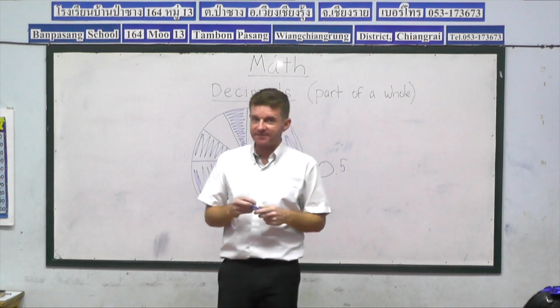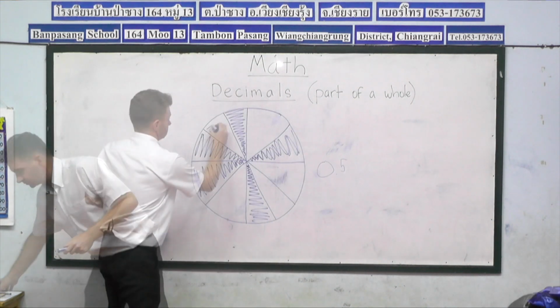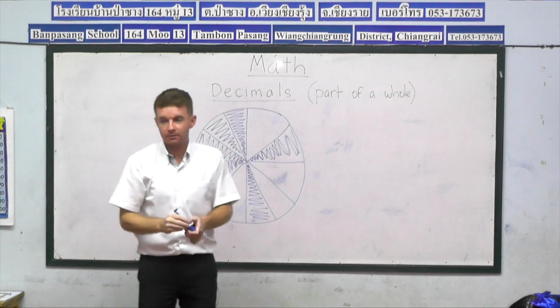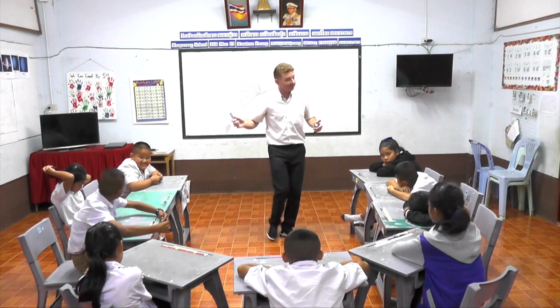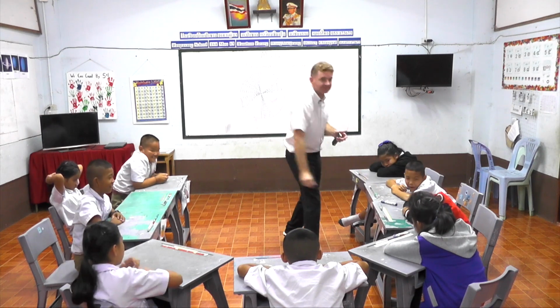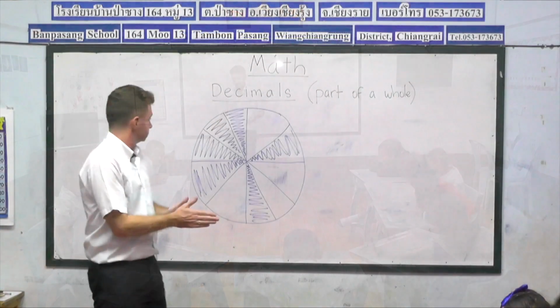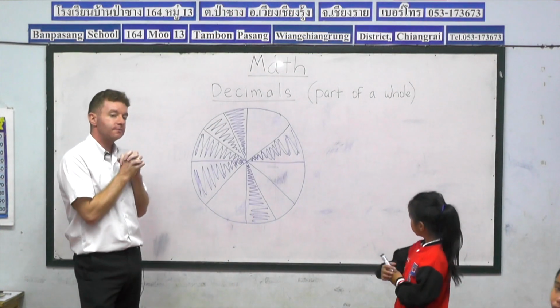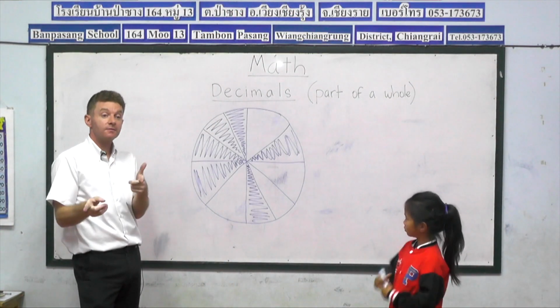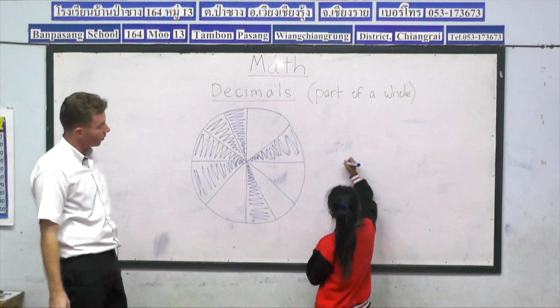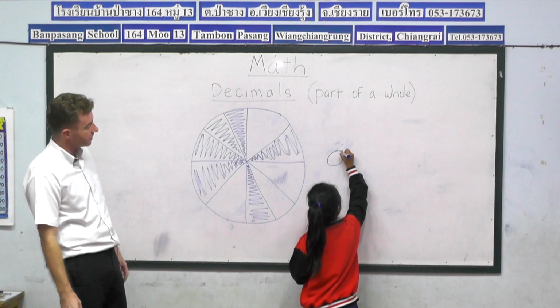Okay, so we're getting there. Time for our next fraction. We will add another segment coloured to our circle. And now, Prel, can you tell me the decimal of 6 parts of our circle being coloured? So now, how many parts are coloured? 6. So we say 0.6. Excellent. So Prel, can you show us what 0.6 looks like?